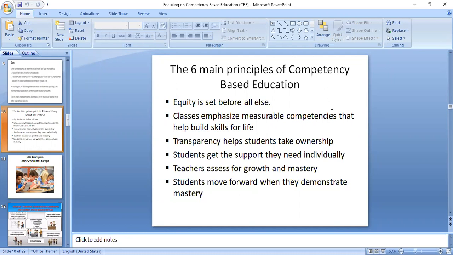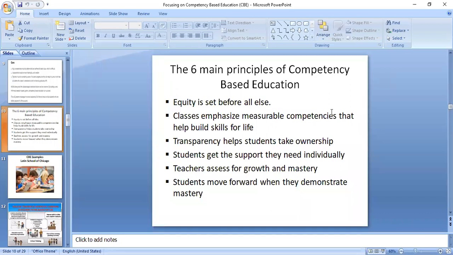Rather than just testing for head knowledge, competencies focus on practical understanding that a student has of the subject. What are these? These can be based on understanding the key concepts, the ability to apply knowledge to meaningful problems, and mastery of relevant skills.